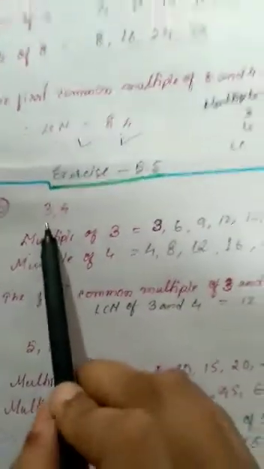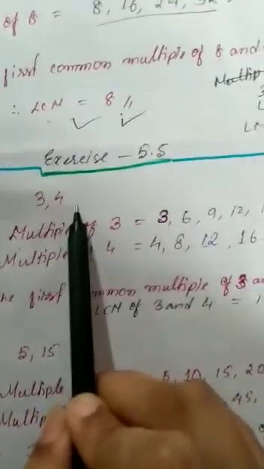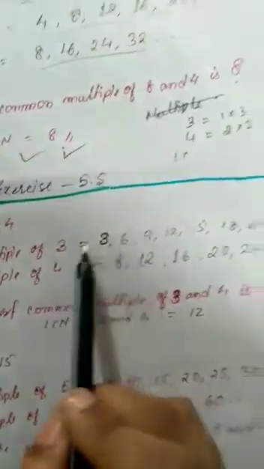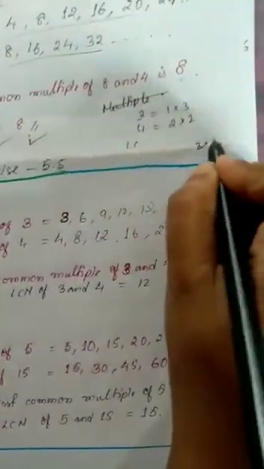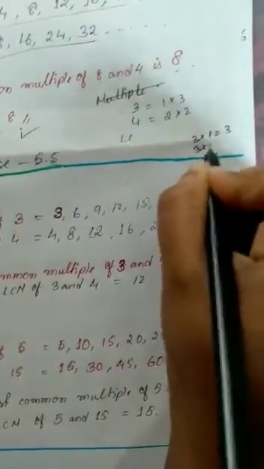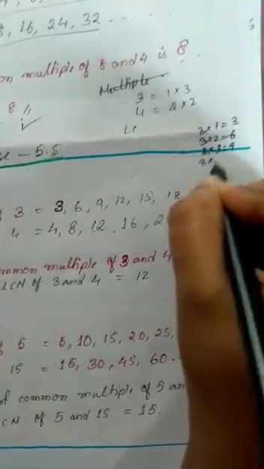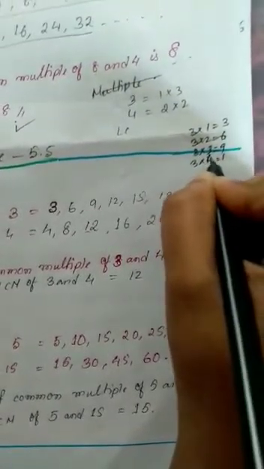3 and 4 both are co-prime numbers, as you know. The multiples of 3 we look at first. 3 into 1 is 3, 3 into 2 is 6, 3 into 3 is 9, 3 into 4 is 12.